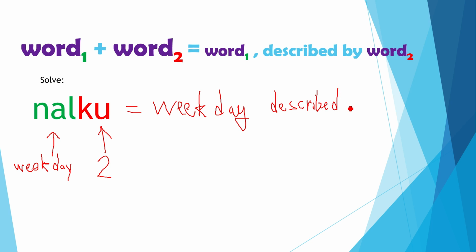So what kind of weekday do we describe by the number 2? Well, Tuesday, I suppose. So that's why it's the second weekday, and it's Tuesday, as we usually say. So nalku means Tuesday. Okay.